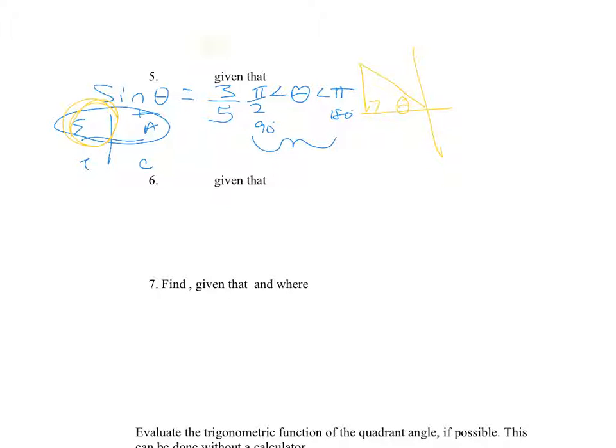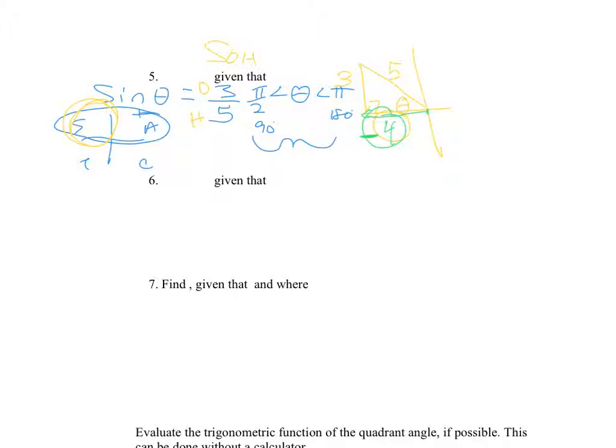And if sine is opposite over hypotenuse, the opposite of theta is going to be 3. The hypotenuse is 5. When you do the Pythagorean theorem, you will get that this value right over here is going to be 4. However, because it's to the left of the origin, we're going to say negative 4.